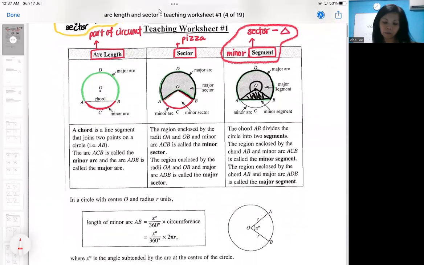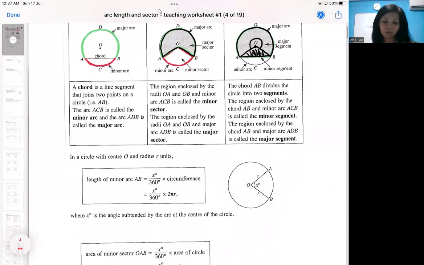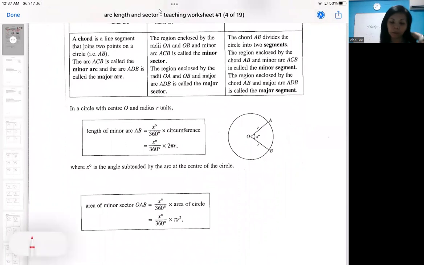So then what about the formula? For the formula, you can choose to think of it this way. The arc length is dependent on the angle that creates it. The bigger the angle, the longer your arc length. So you can think of it as a fraction of the circumference.